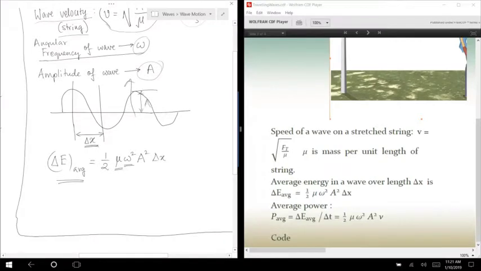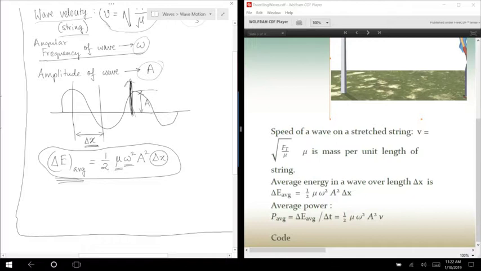So if I increase the amplitude of the wave and make it go back and forth over a larger distance, then the energy will increase. And then if you consider a longer length of the string, it's understood that the energy will be more. So that's the average energy for a string.